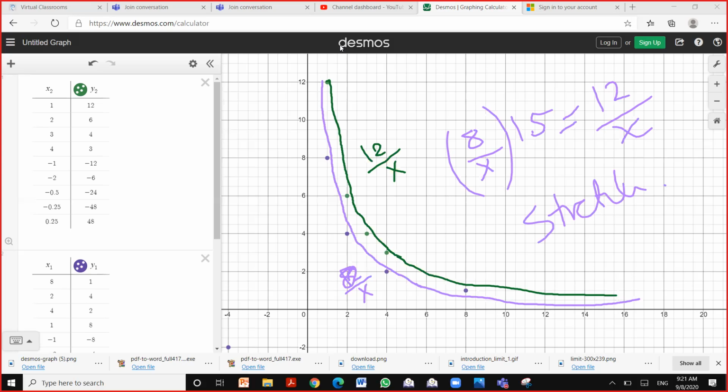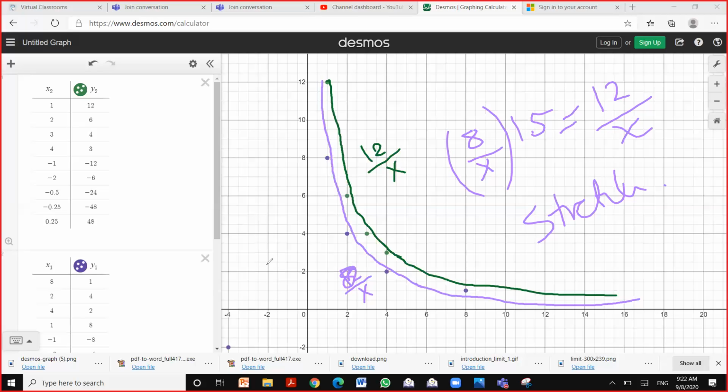Now, if I draw now, I told you that, how can I make 8 over x to be 12 over x? By multiplying it by 1.5. Since I'm multiplying it with a number that's greater than 1, it will stretch. I will classify it next period, but just an introduction here.